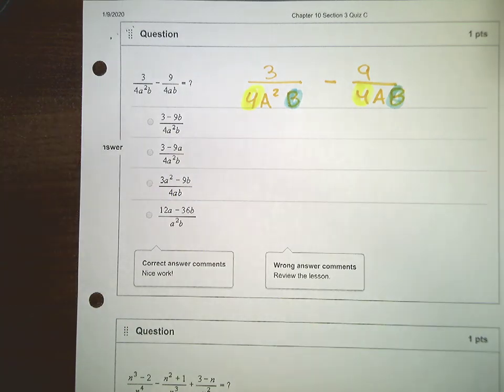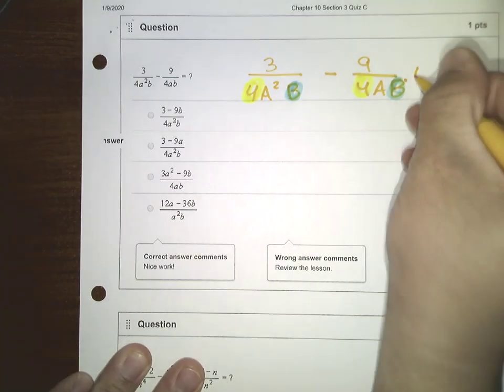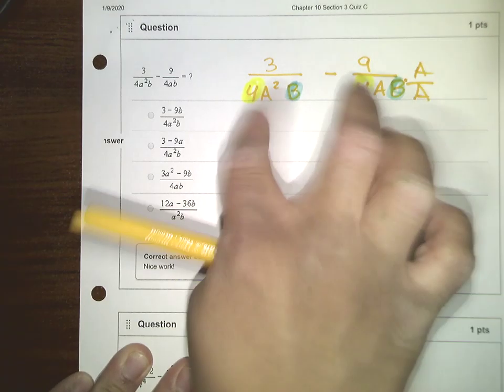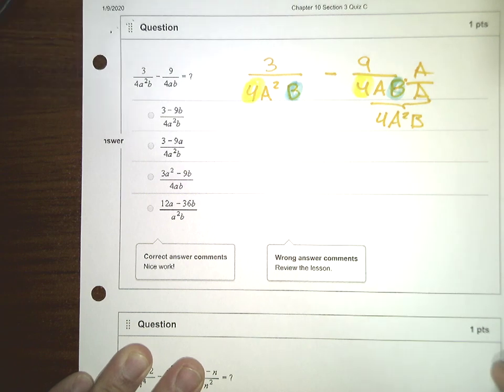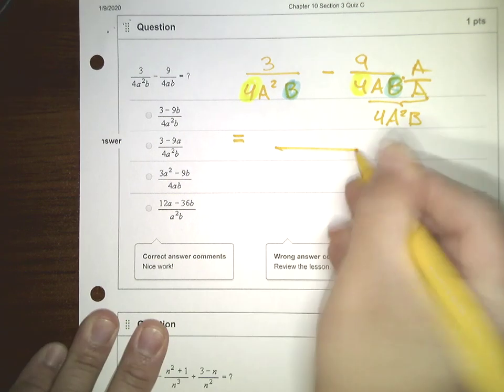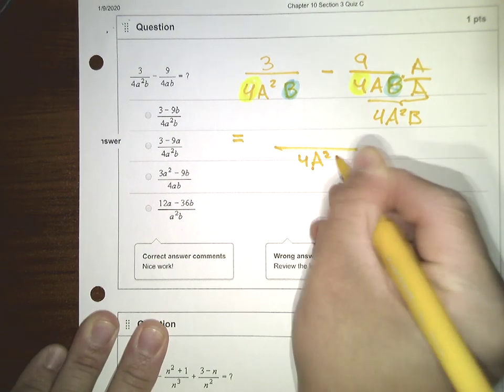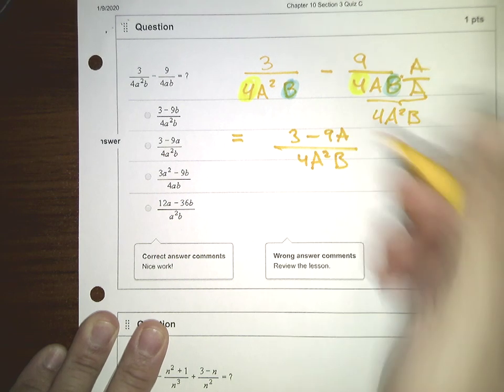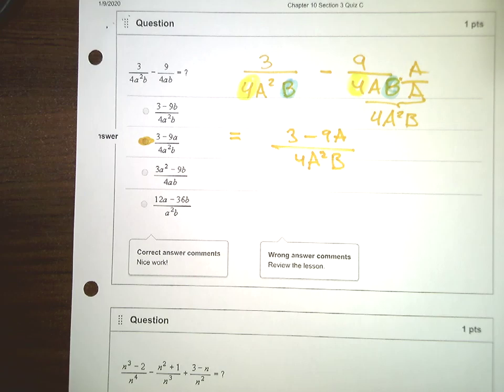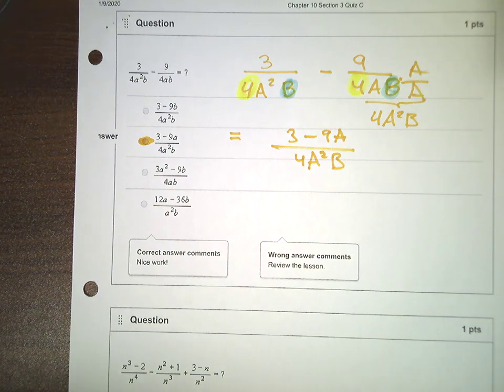So I will multiply the second term by a over a so that they both have an a squared in the denominator. All right, so if I do that, the common denominator is 4a squared b, and in the numerators I have 3 minus 9a. So there we go. That is the answer for that one. 3 minus 9a all over 4a squared b.